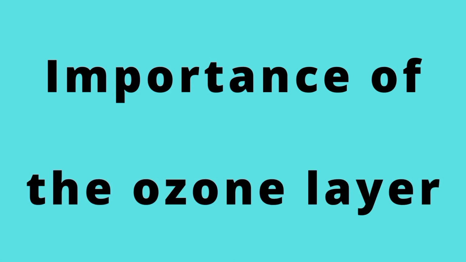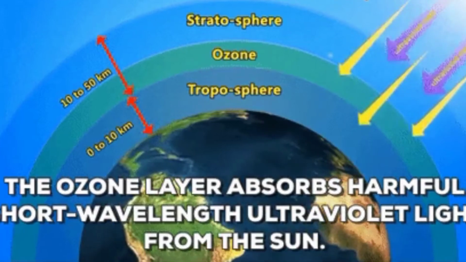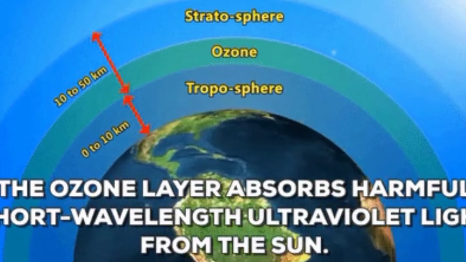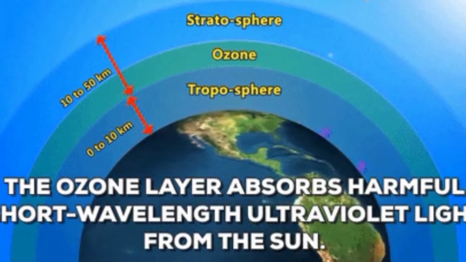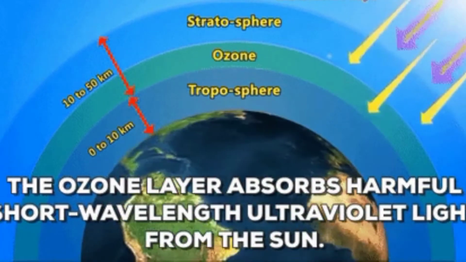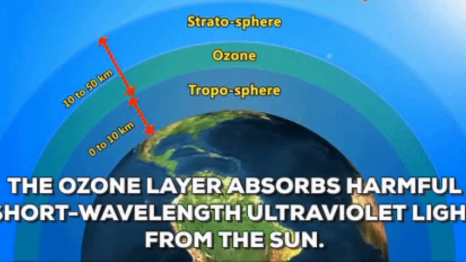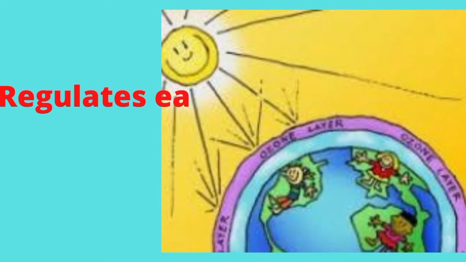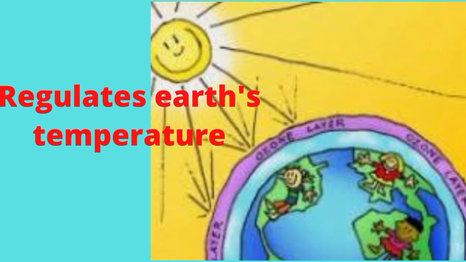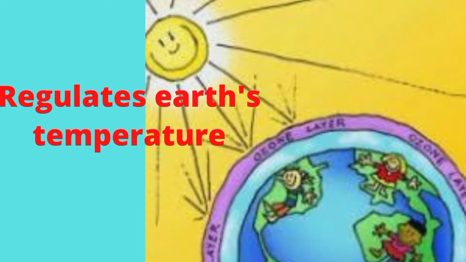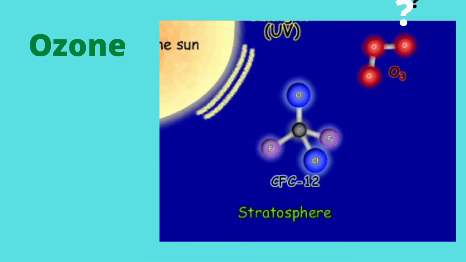The ozone layer is very important and we need to protect it. The ozone layer helps to prevent the harmful ultraviolet rays from reaching the earth. It also helps to absorb about 66% of the light that is being emitted from the sun, and it helps to regulate the earth's temperature.